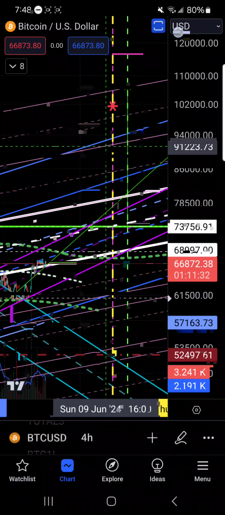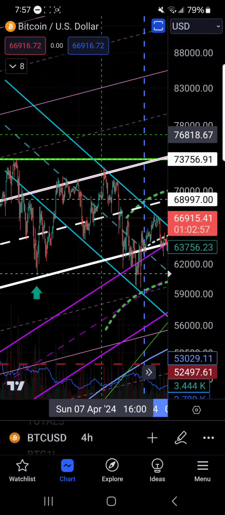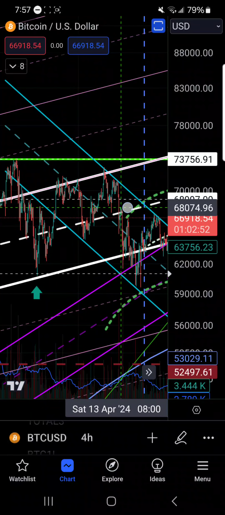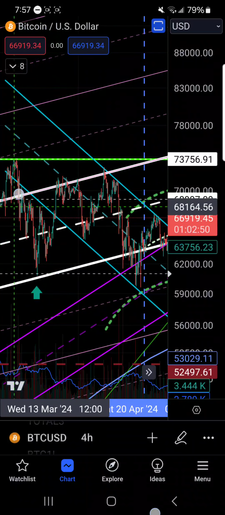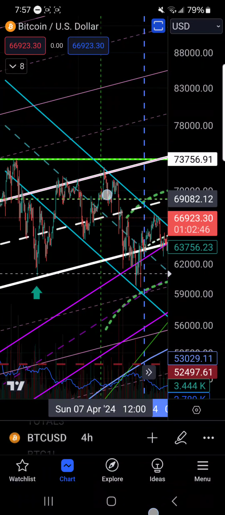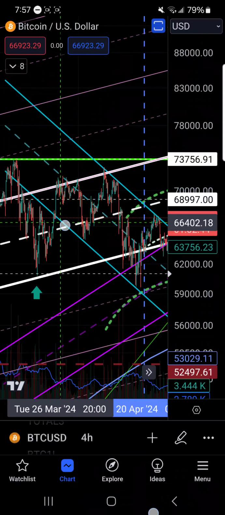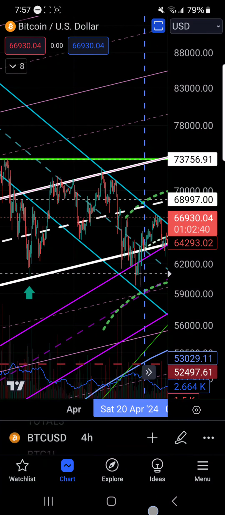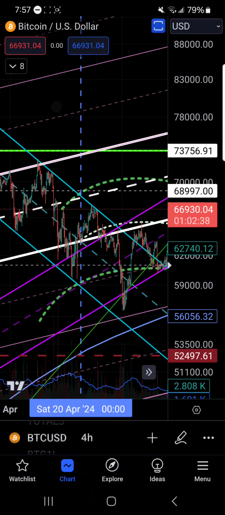Hold on, let me pause. All right, we got rid of those blue lines, and now we are looking at this aqua colored parallel channel. So back in March, we traded sideways until finally oscillating downwards, consolidating downwards in this channel.